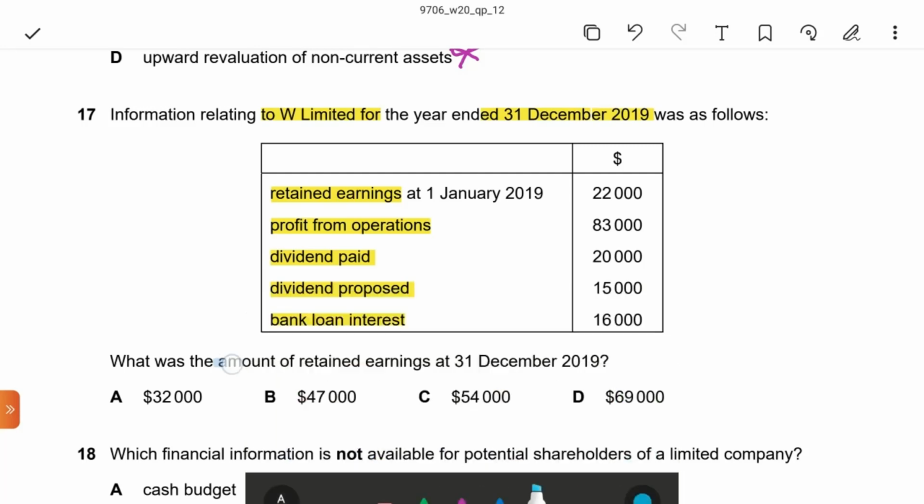What was the amount of retained earnings at 31st December 2019? The question is asking for the closing retained earning. They are given the opening retained earning. So closing retained earning is equal to opening retained earning plus current year retained earning. So we have to calculate current year retained earning.